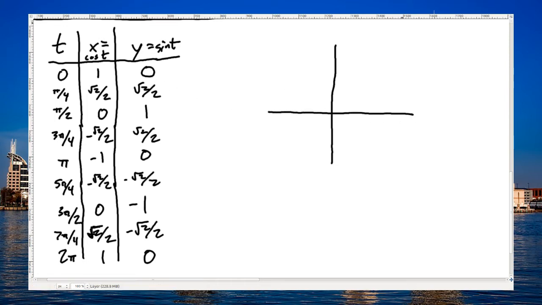So at t equal to 0, I have 1 comma 0, which I'll put right here. At pi over 4, I'll have root 2 over 2, root 2 over 2. I'll get 0, 1, x is 0, y is 1 at pi over 2. And I'll just go around.